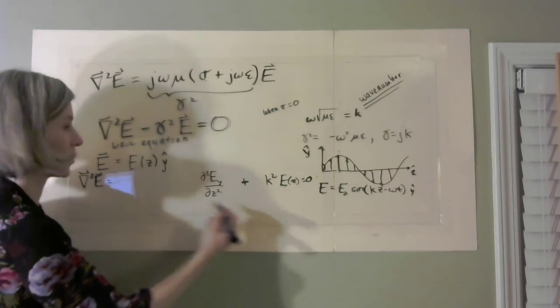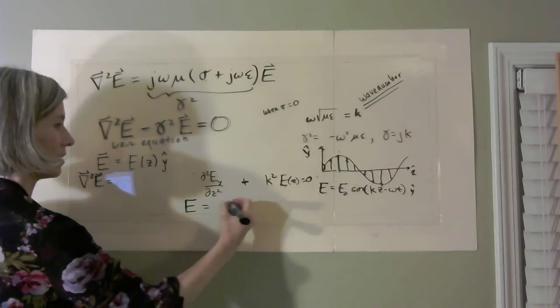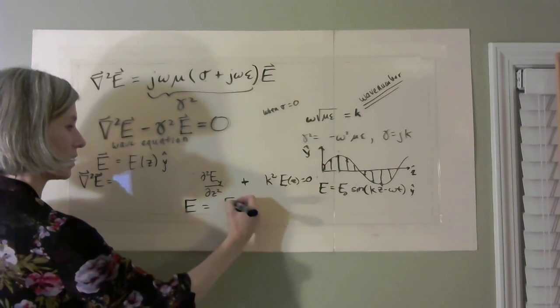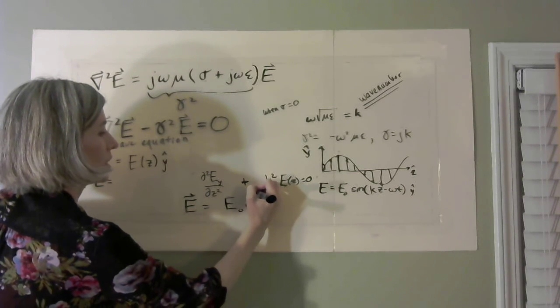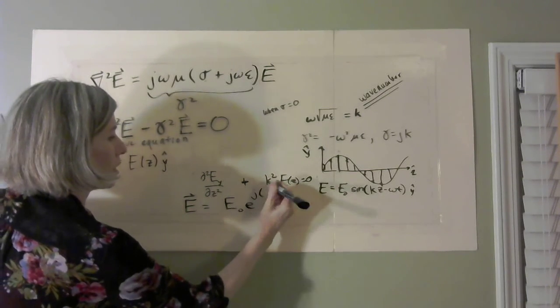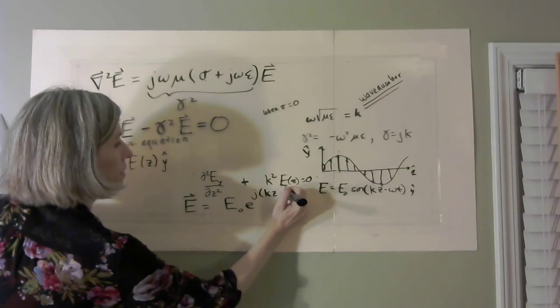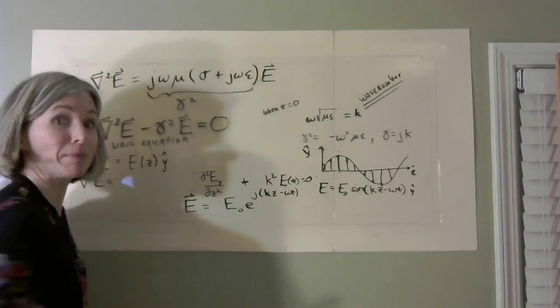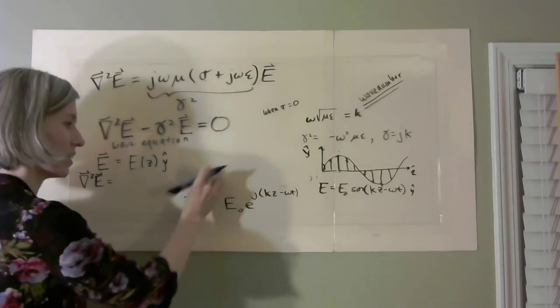a complex exponential. So E is some amplitude, e to the j(kz minus omega t). We always had that time dependence in there like that. And so I can knock this out and say, yeah, I got this.